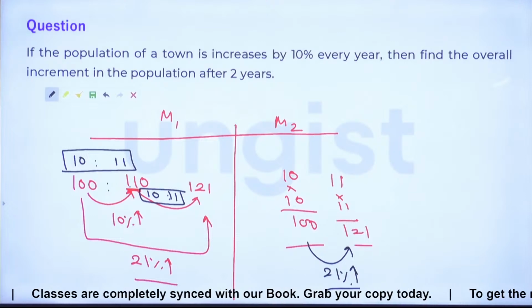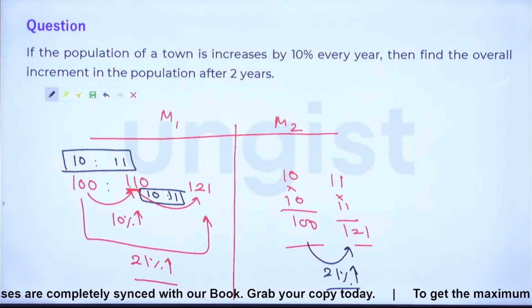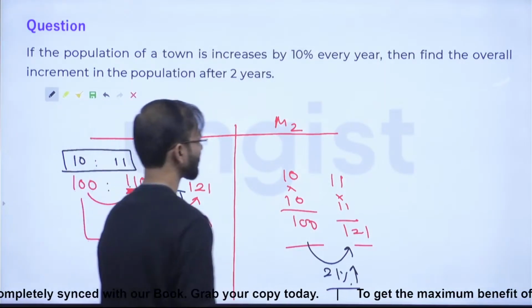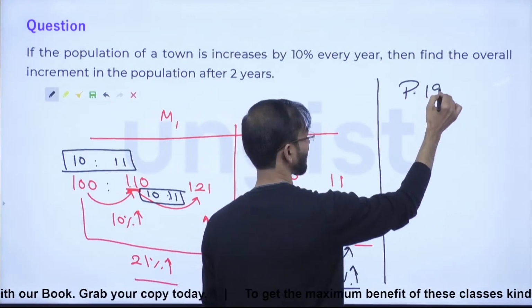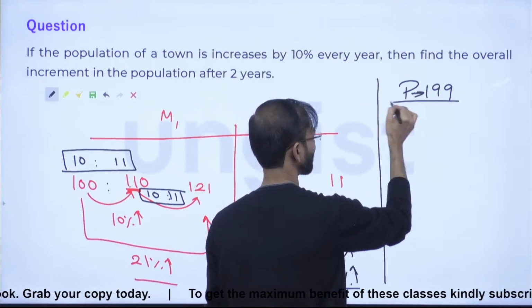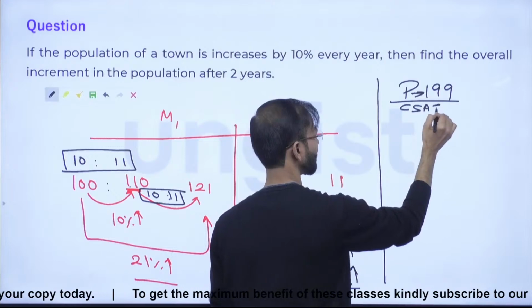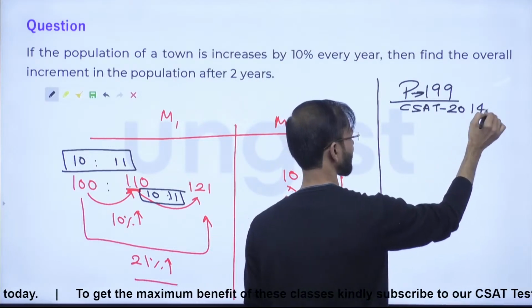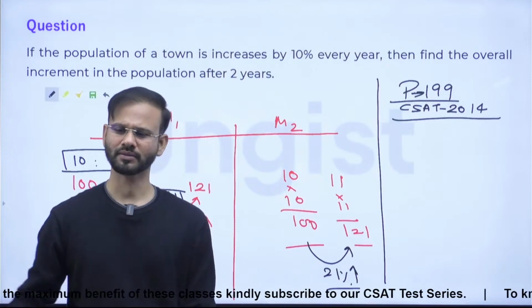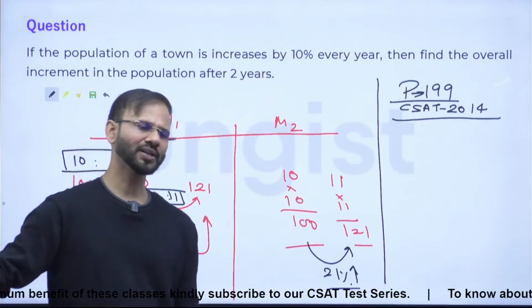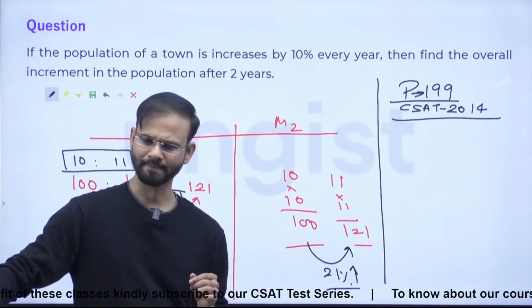All of you, please take out your book. Come to page number 199. This is CSAT 2014. What is the question saying, guys, tell me.